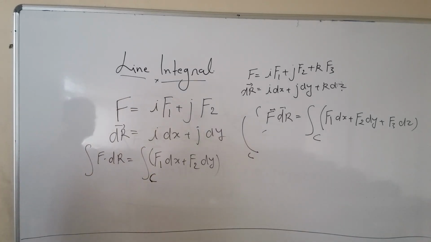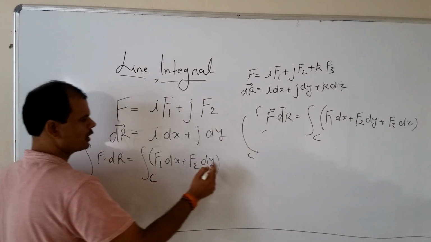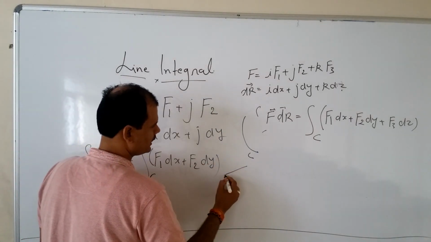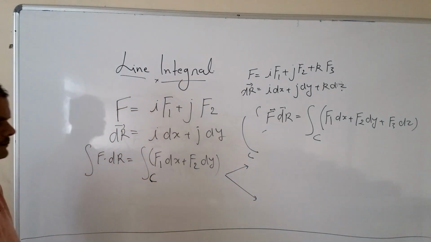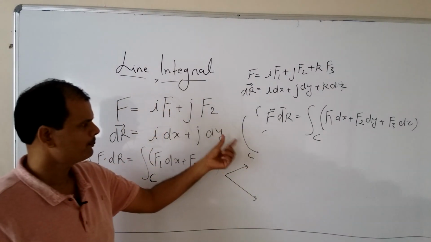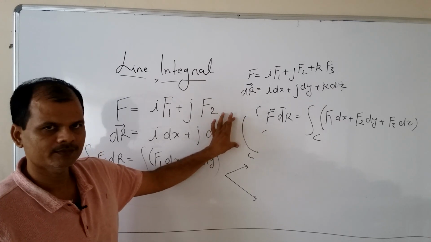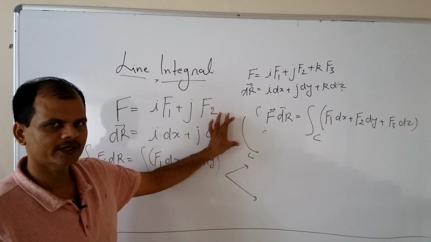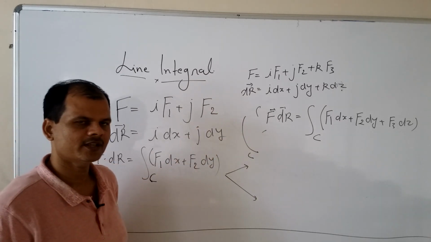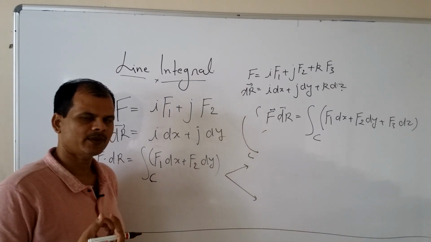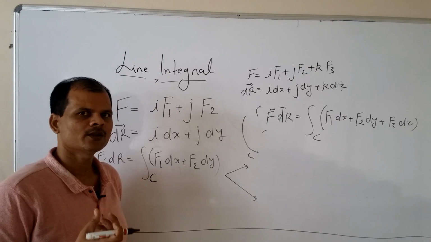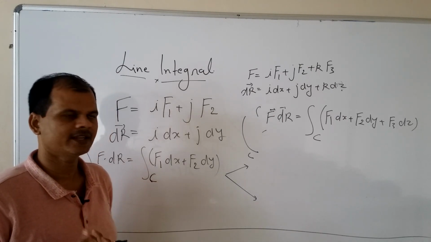Now this integral can be solved with two methods. I'll explain both methods. First method: if you get the parametric equation of this curve, that is easy, right? What is the parametric equation? When x and y both coordinates we can represent in a single variable.